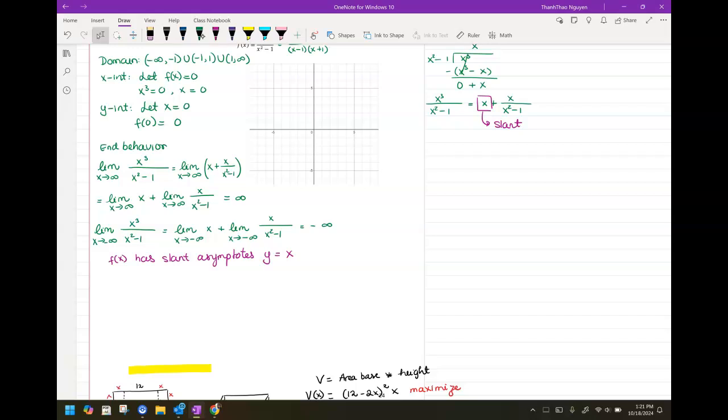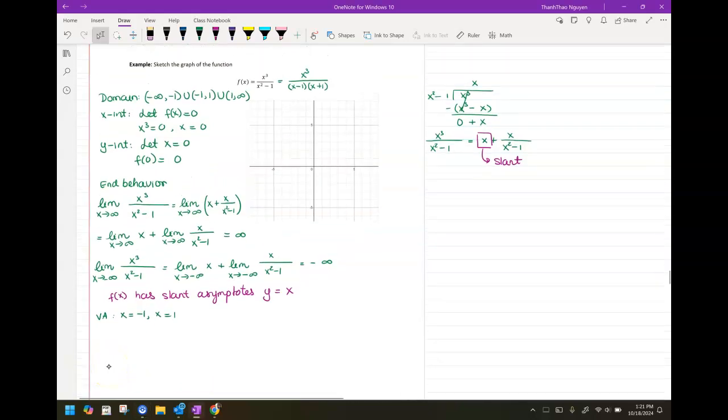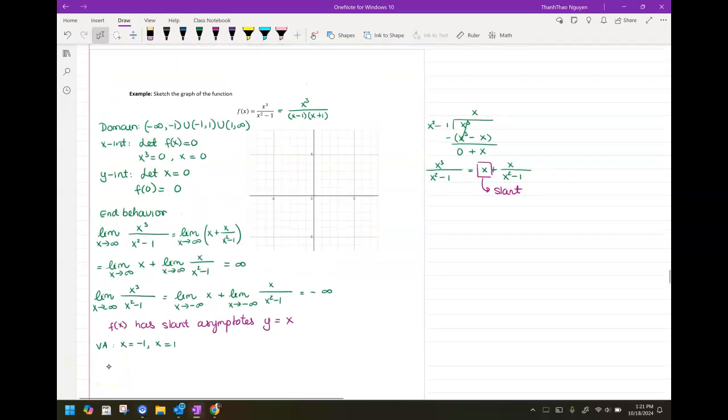And here we have vertical asymptotes: x equals negative 1 and x equals 1. So now that we have the vertical asymptotes and the slant asymptote, let's put them onto our graph. Vertical asymptotes at negative 1 and 1.